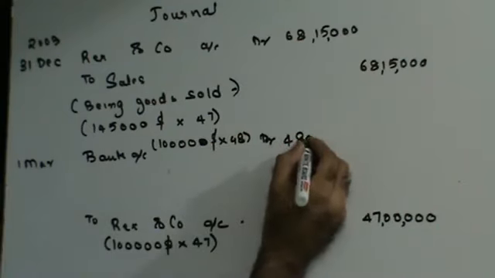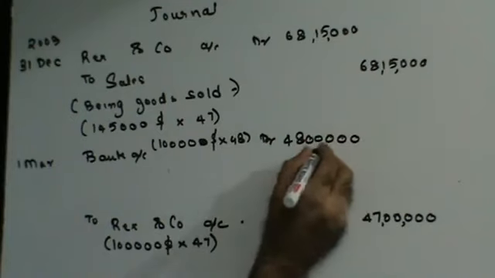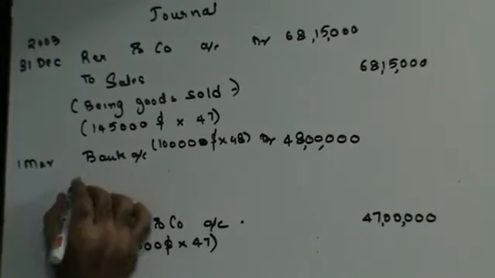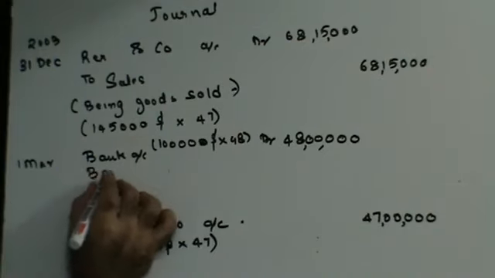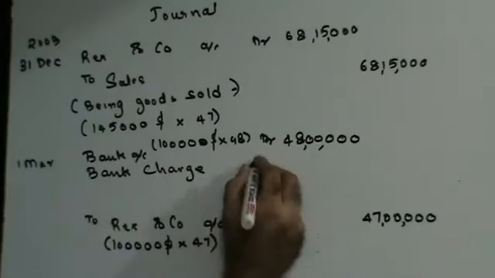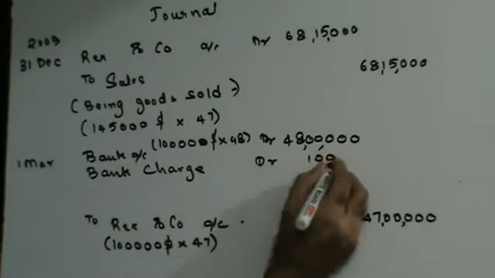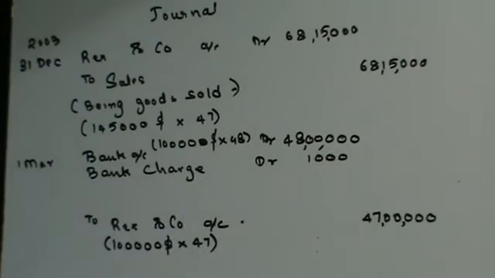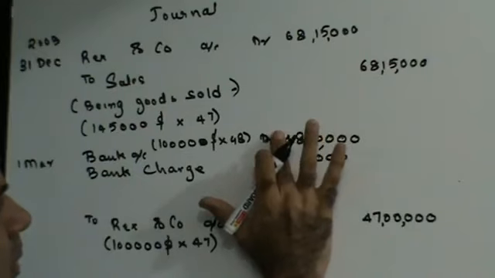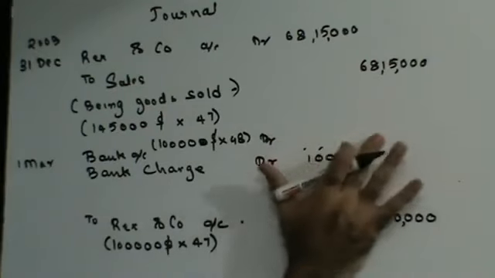Now pay attention here. I should have received 48 lakhs, out of which the bank deducted 1,000 charges, debit expenses and losses. So bank charges are going to be debited because they are expenses. Out of 48 lakhs, if 1,000 is deducted, the net amount credited to your account will be 47 lakh 99,000.